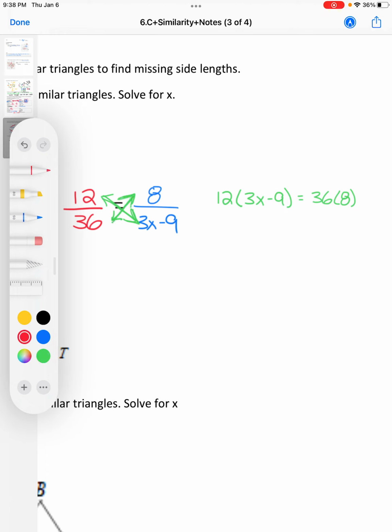Well, how do I multiply these two together? So remember, we have to do our distributing. So 12 times 3, we're going to get 36x. And then we have to go 12 times 9. And it's a negative 9, so we're going to have a negative. And then, let's see, 12 times 9, 108.